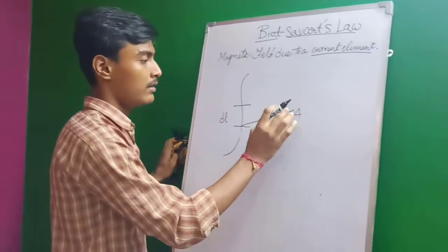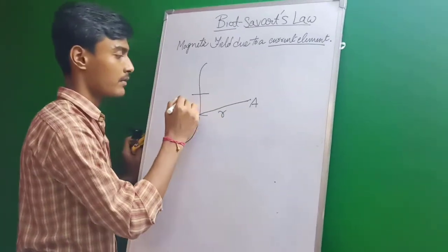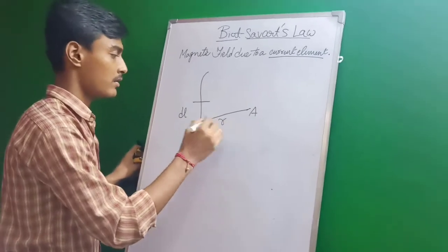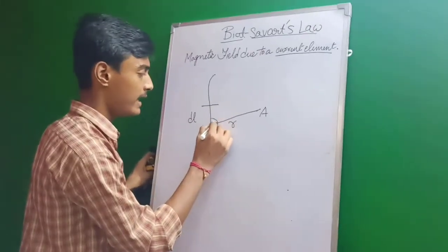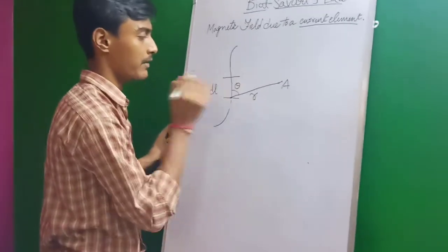The distance between this arbitrary point and the wire is r. The angle which it makes with the wire is theta.